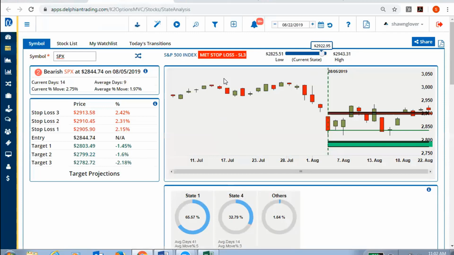So we tell you where it's going next generally. And those are just historical probabilities. So, since 07, 66% of the time when it went into state 2, it went back to state 1. And 33%, it dropped further. So 2/3 of the time, it's going back up.